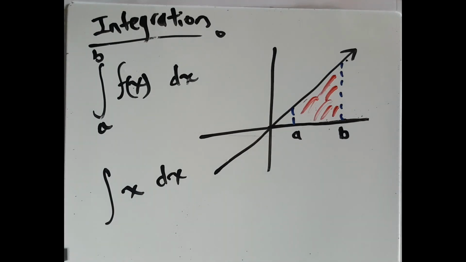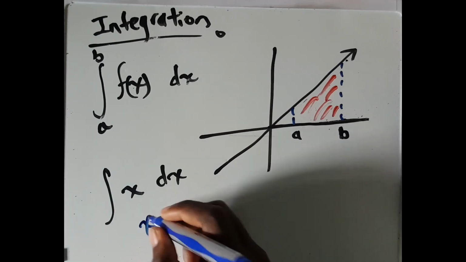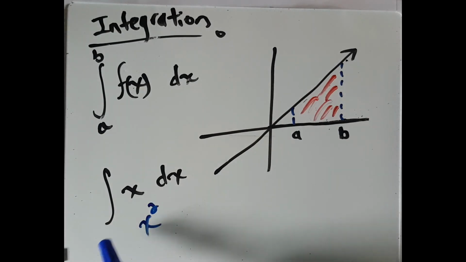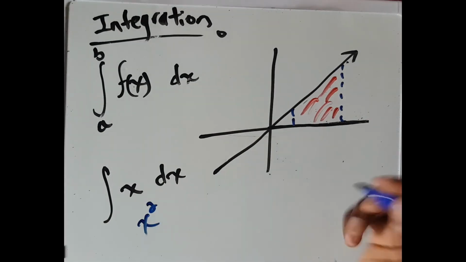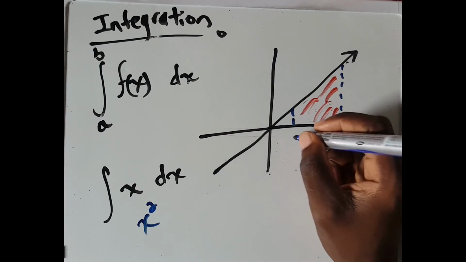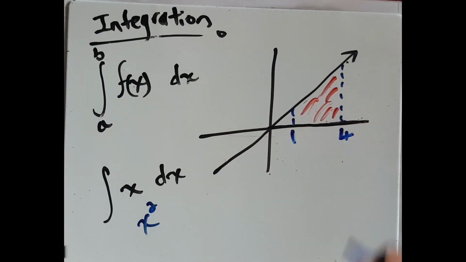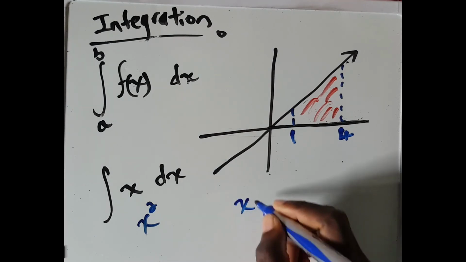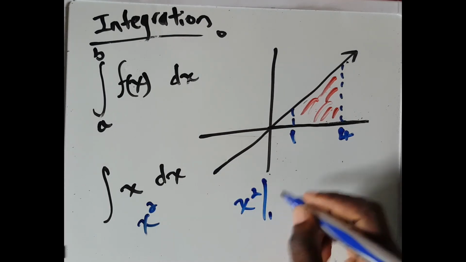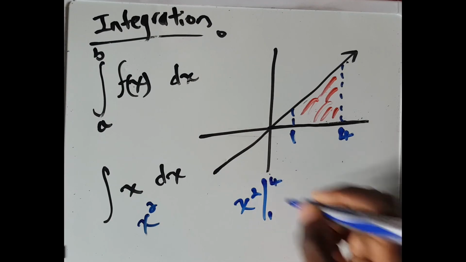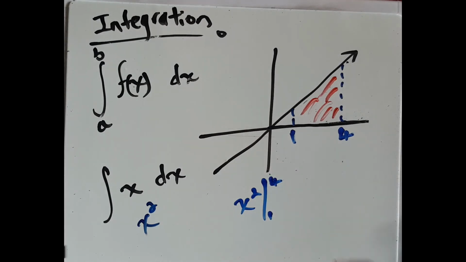So if I integrate x, I'd have x squared. And this is without limits. So now say I change my limits. I have 1 and 4 for my limits. After I integrate, I'd have to evaluate. So x squared, and I'm evaluating between 1 and 4. So I subtract my lower limit from my upper limit.